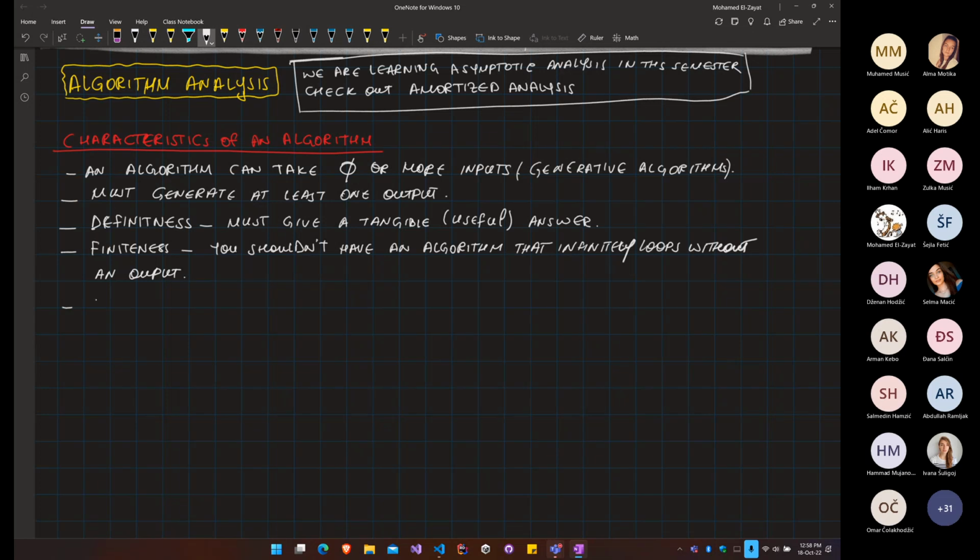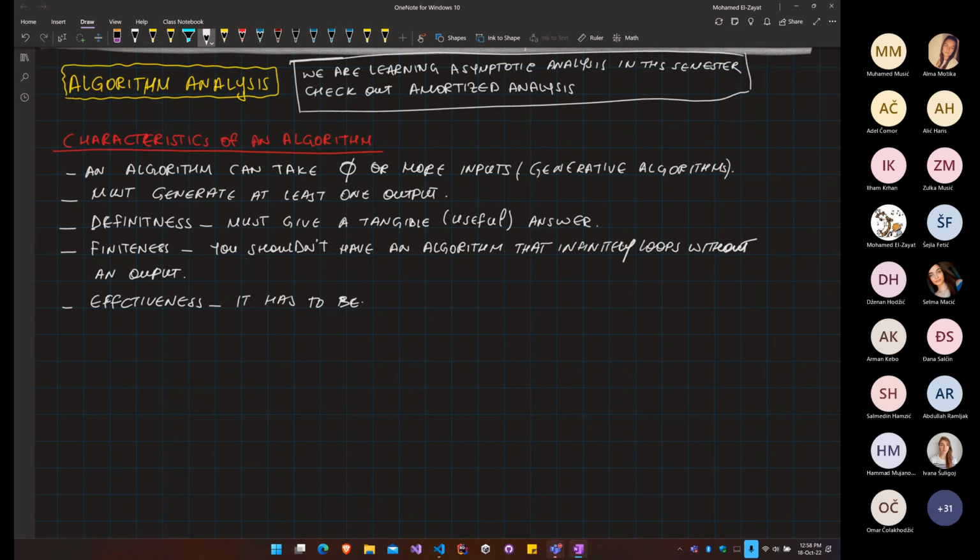Effectiveness. Means that it has to be effective such that it can be useful or used, right? And I will tell you immediately what I mean by that.